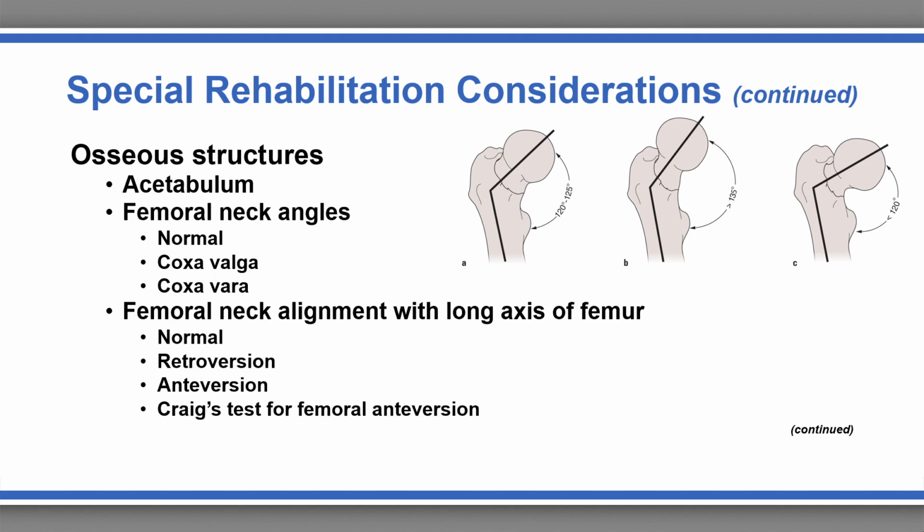Specifically, if we focus in on anteversion as it is more common, this leads to medial hip rotation, foot adduction, and causes the individuals to have what we refer to as a toe-in type gait.